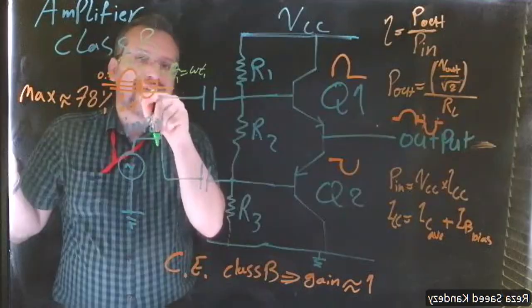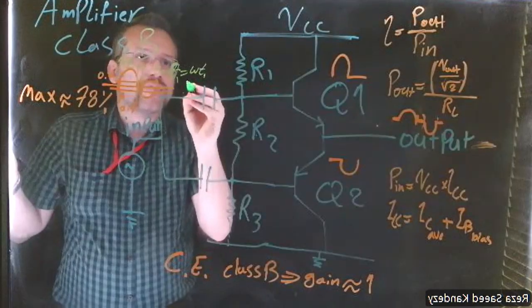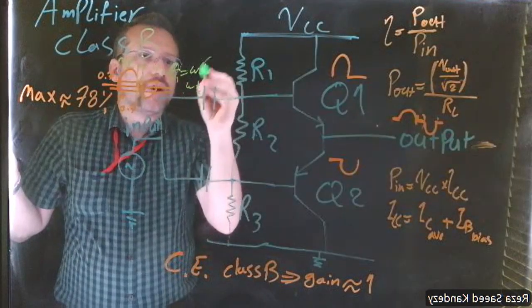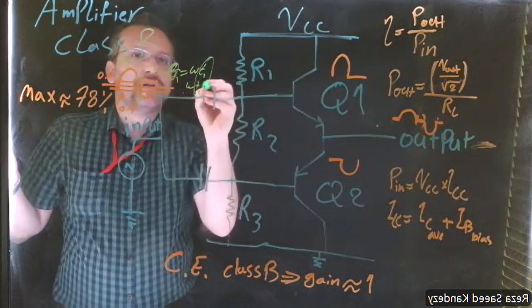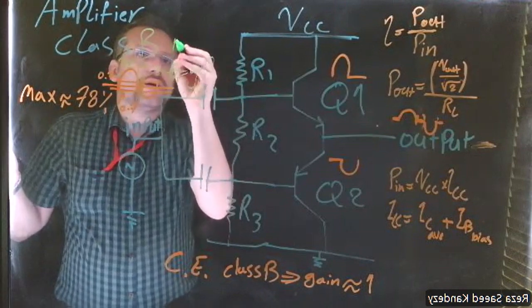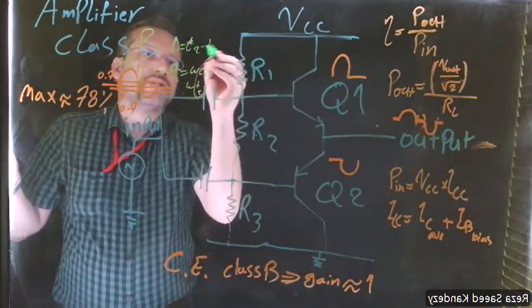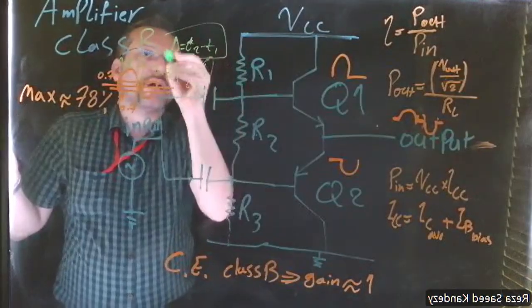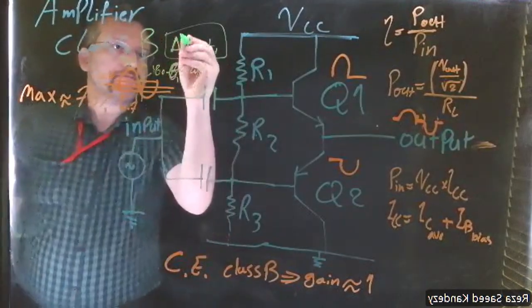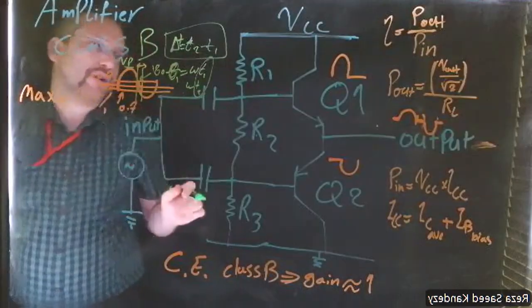Same goes for that theta, so we are going to have omega t2. Now you can have your t1 and t2, and the delta would be basically t2 minus t1. So this is going to be our delta t, or the duration of the off time.